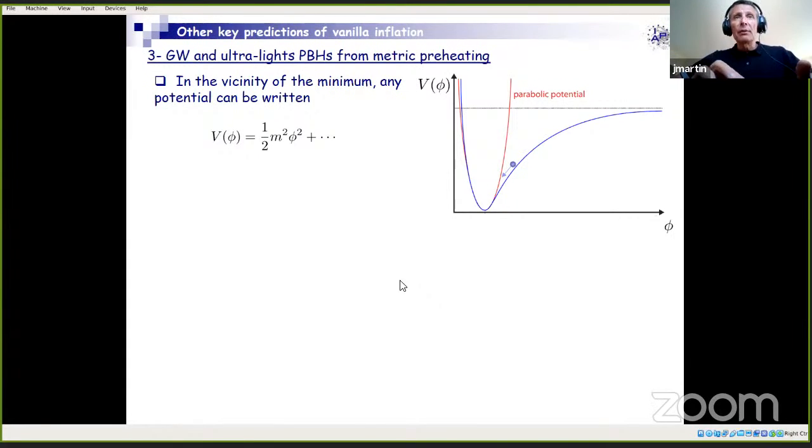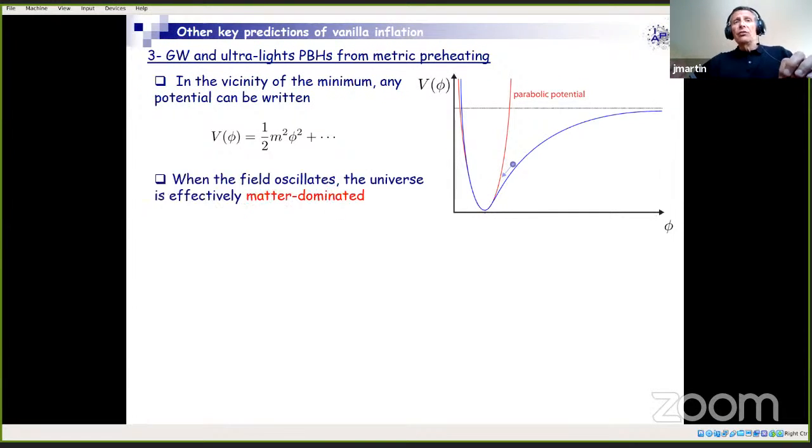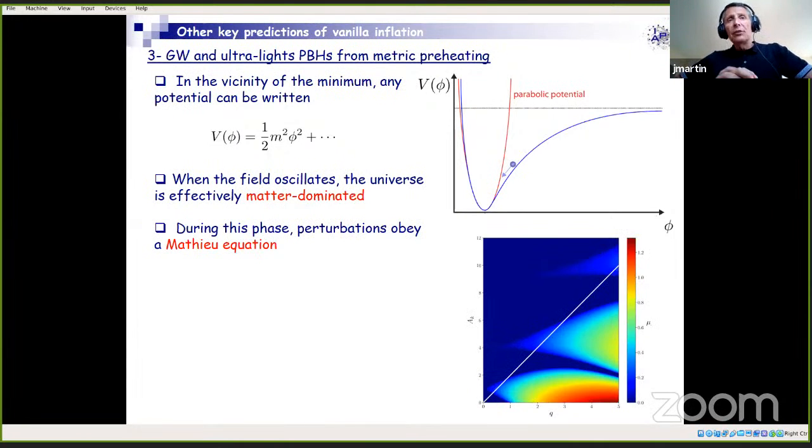So the mechanism is very simple. When the field reaches the minimum of the potential and oscillates, the potential, except if there is some unknown or extraordinary symmetry, can always be approximated by a parabola. And during this phase, it's known that the universe behaves as a matter-dominated universe. During this phase, you can show that the perturbations obey a Mathieu equation, so an equation which contains exponentially growing solutions.